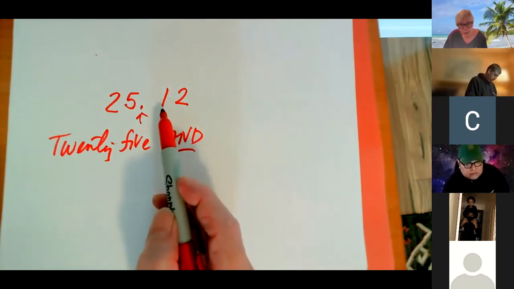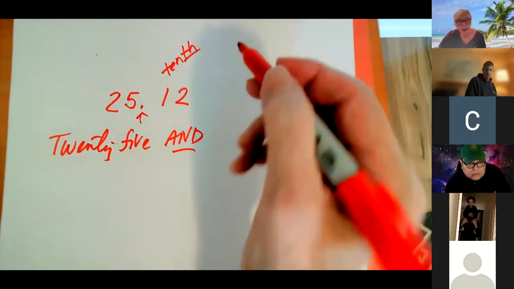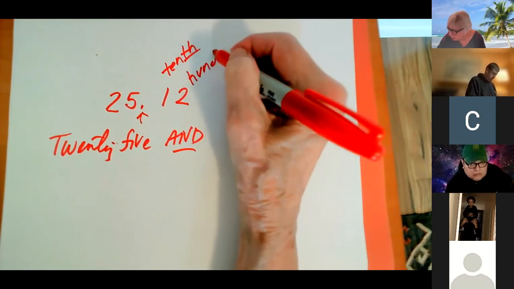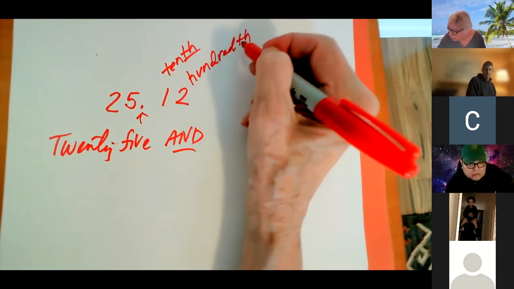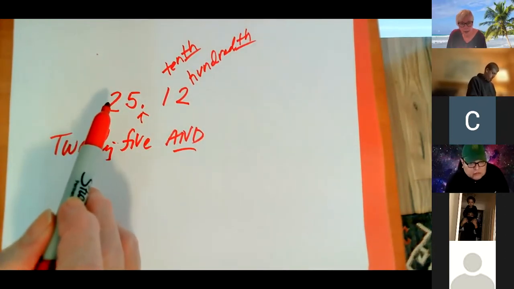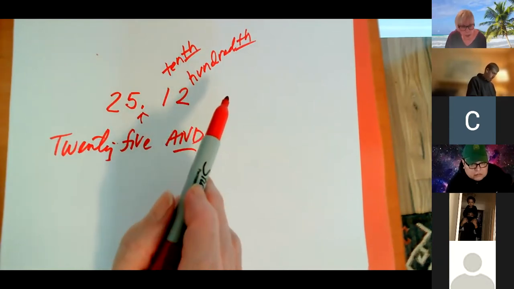This is the tenths, T-E-N-T-H, that's what makes it different, the TH. This place is the hundredths. So this is the tens place, this is tenths, and this is hundredths, and the next one would be thousandths.